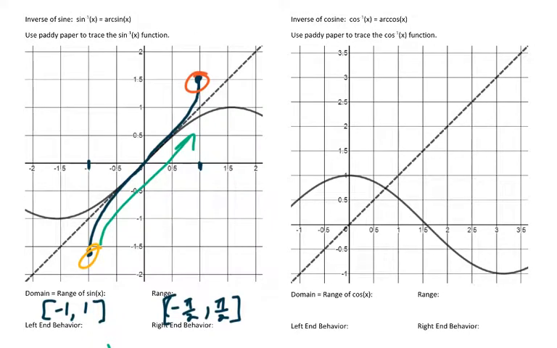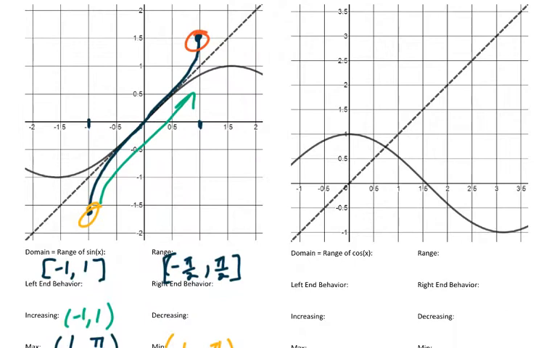Looking at arc cosine, this one looks quite a bit different if you graph it. And the domain is the same. It's going to be -1 to 1. The range is odd. It's strange. The range in this case ends up being between 0 and pi.